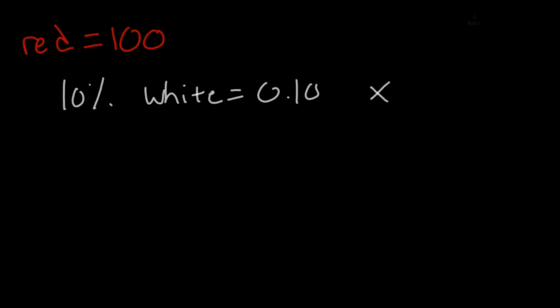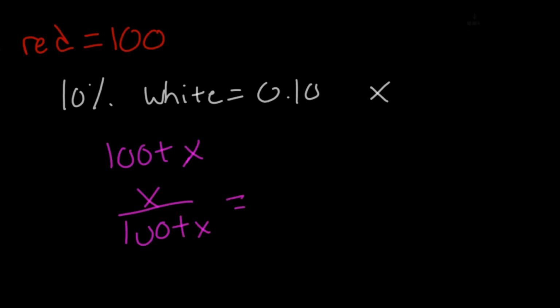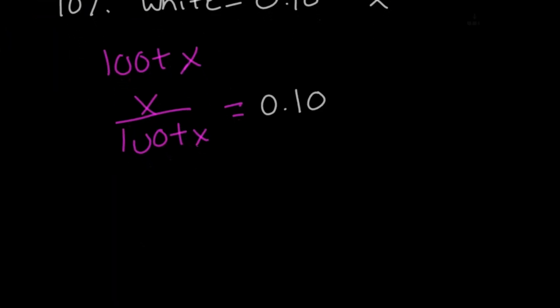The total volume will equal 100 plus X. So we can set up our ratio to be X divided by 100 plus X will equal our white paint percentage of 0.10. Then we simplify. So we have 0.10 times (100 plus X) is equal to X, so 10 plus 0.10X is equal to X.